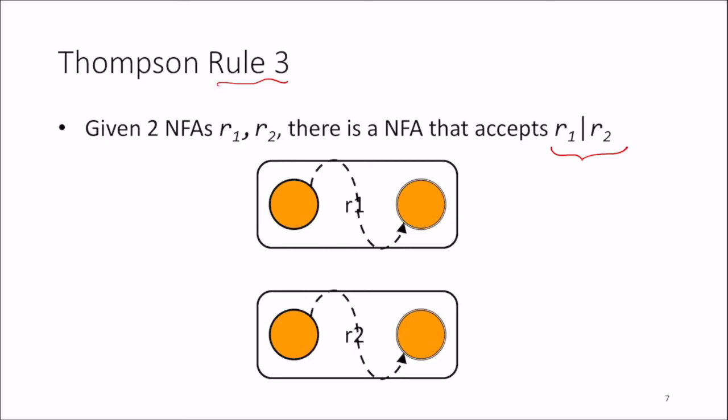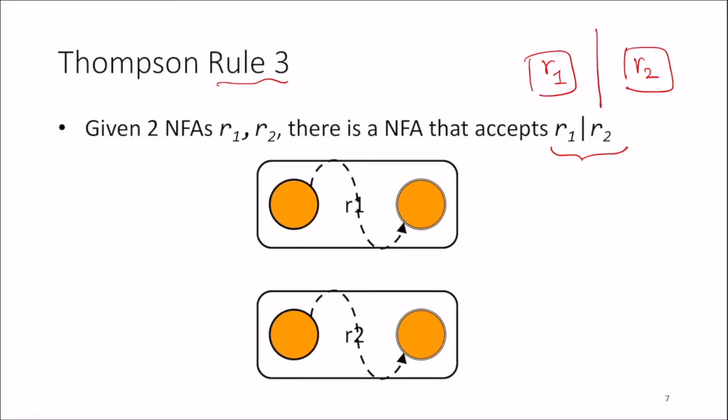Just like when we do recursion, we assume that we already have an NFA for R1 and an NFA for R2. Those could be based on any of those base cases I showed you. It could be one symbol, for example, or a complex regular expression that I've eventually converted to an NFA. And then I'm trying to do R1 or R2.